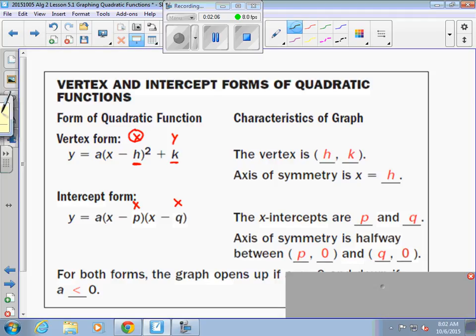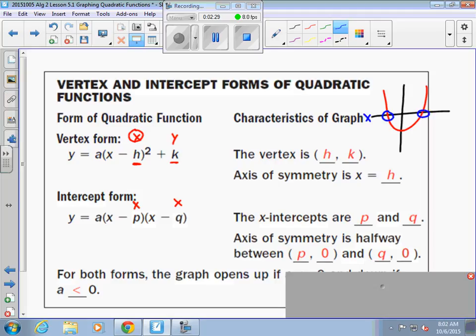Remember, with your parabolas, it's going to look like that, and it could be shifted any direction, up or down or left or right. But this is one of your intercepts because that's where it's crossing through the x-axis. This is the other x-intercept.